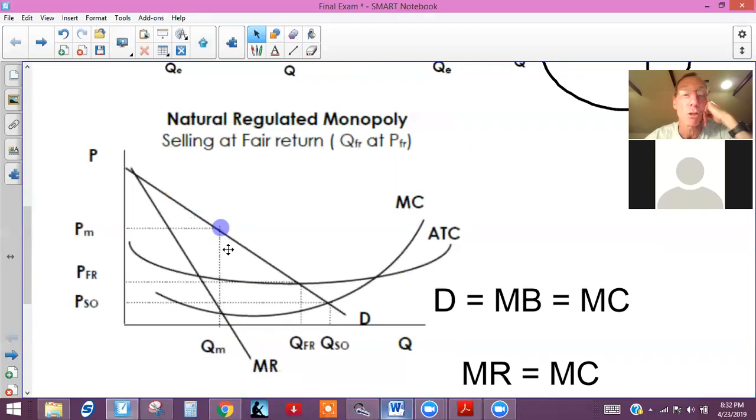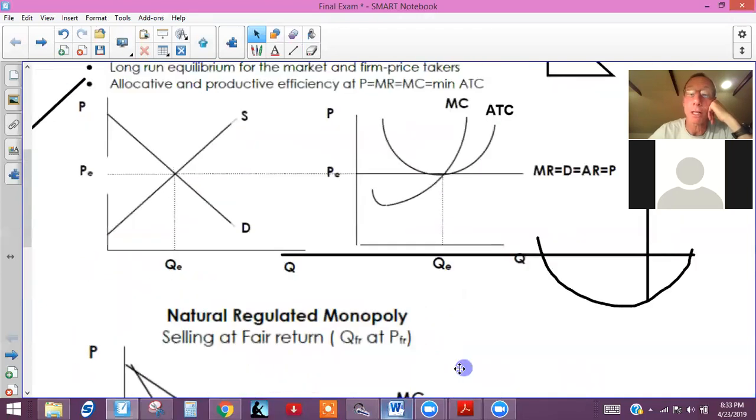That point is marginal revenue equal to marginal cost, but that point for a monopoly is below price. Whereas up here, it's the same.